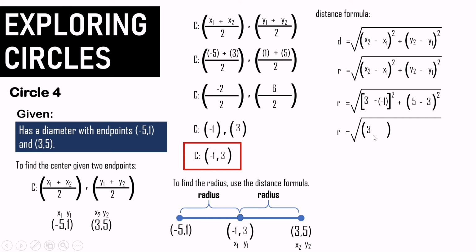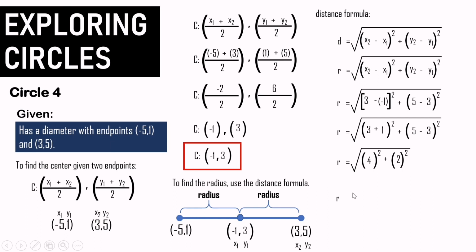Okay, so may mo siyang 3 plus 1 squared plus 5 minus 3 squared. Okay, r is equal to square root of 3 plus 1 is 4 squared plus 5 minus 3 is 2 squared.